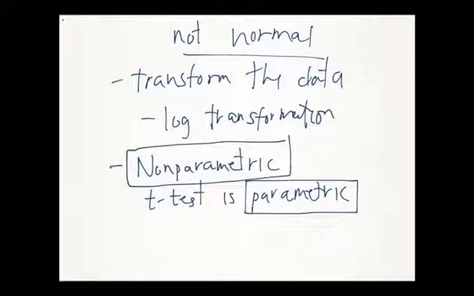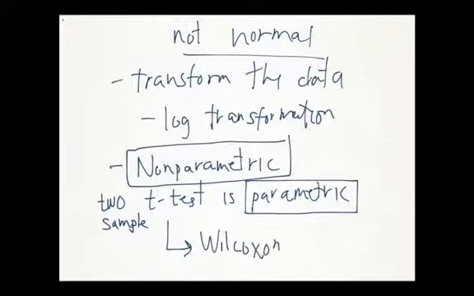And so the non-parametric analog for a two-sample t-test is called the Wilcoxon rank sum.